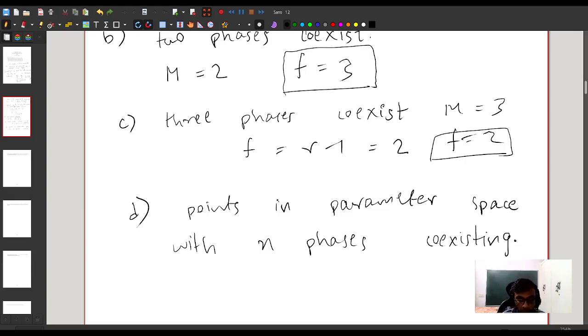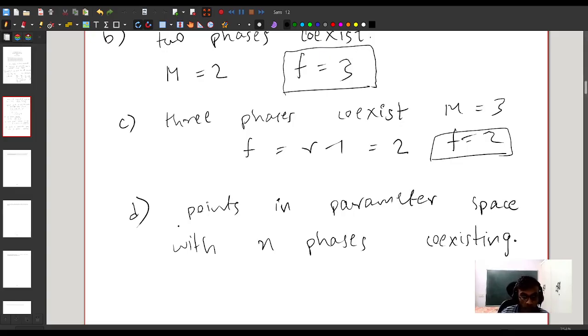If n phases coexist on points, then there will not generally be any place or region in the phase diagram where n plus 1 or more phases can coexist.